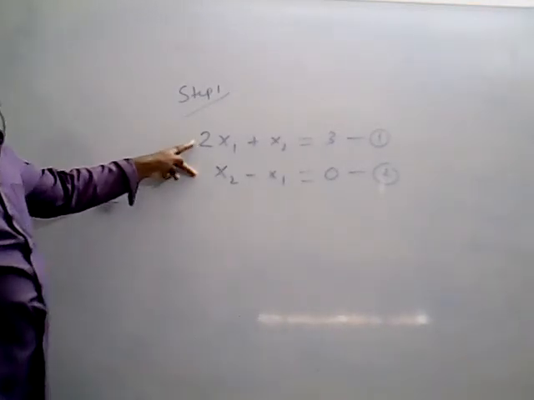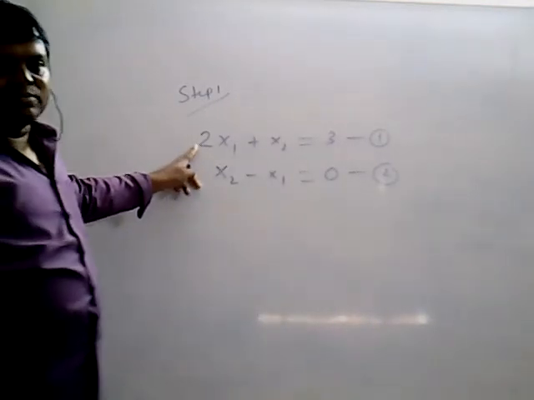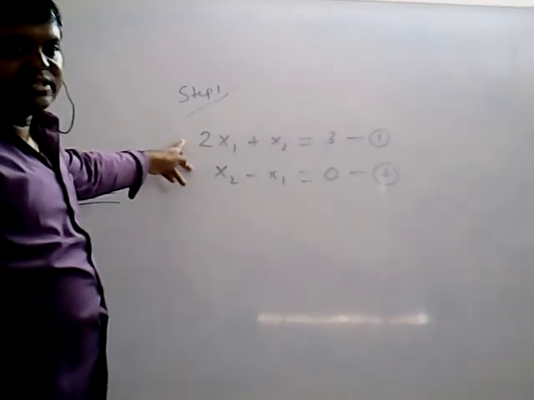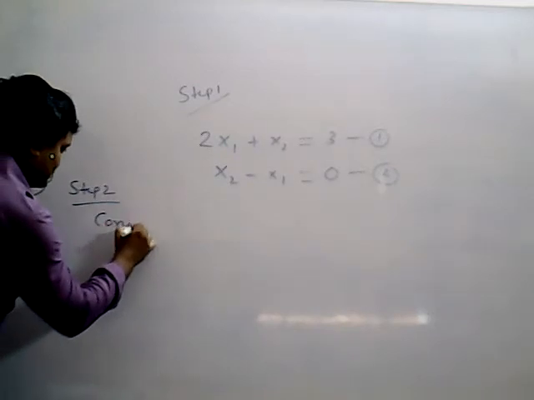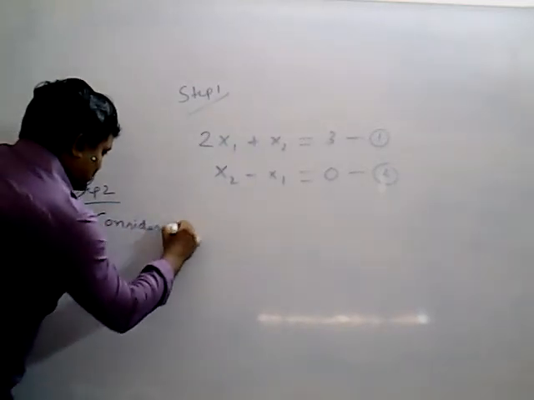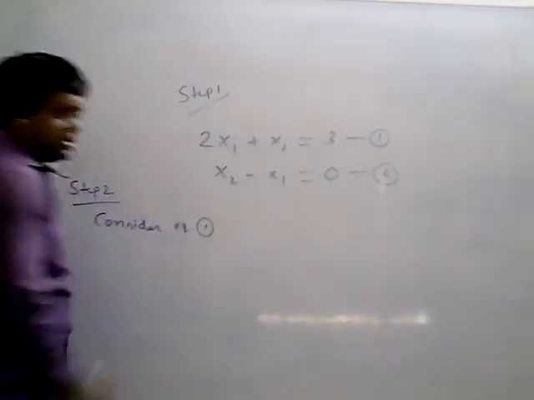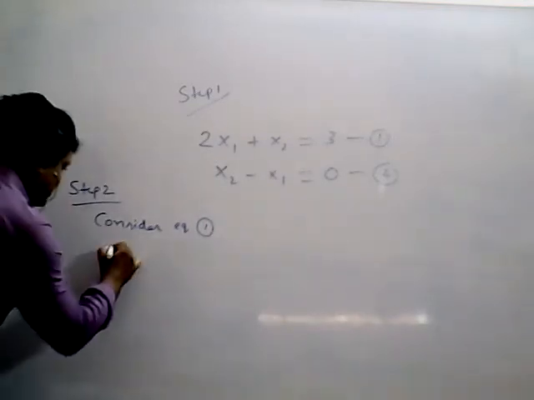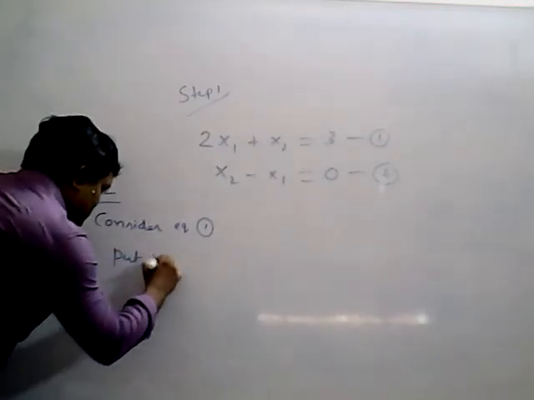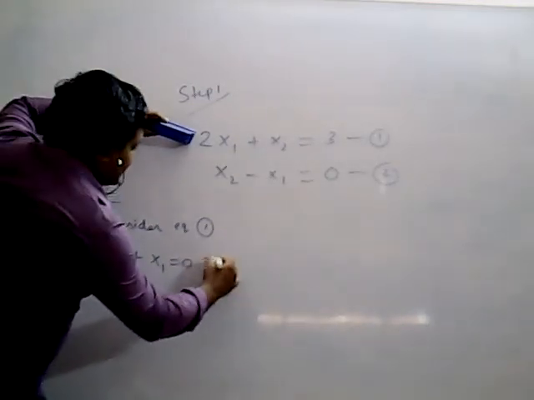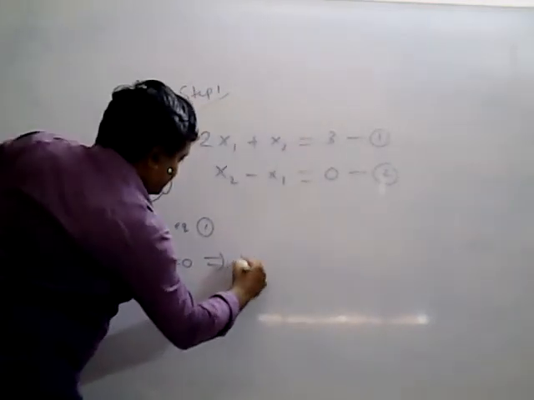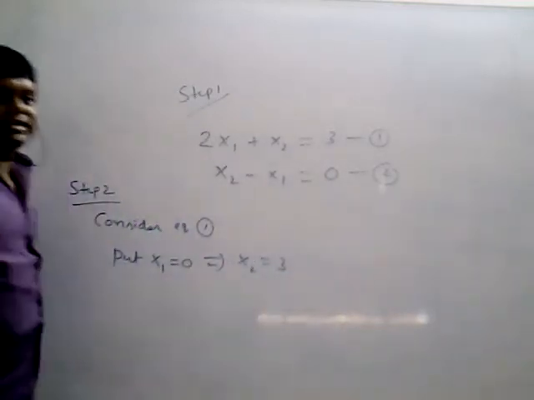If you want to plot these equations on the graph, you require points. So first you have to identify the points. Consider equation 1. Put x1 equal to 0, that means x2 equal to 3.